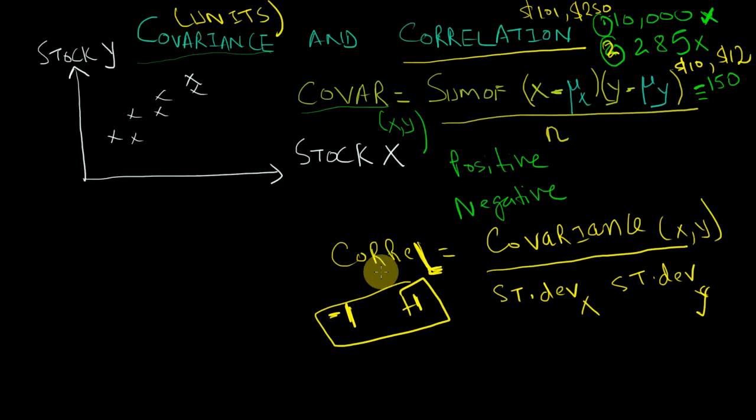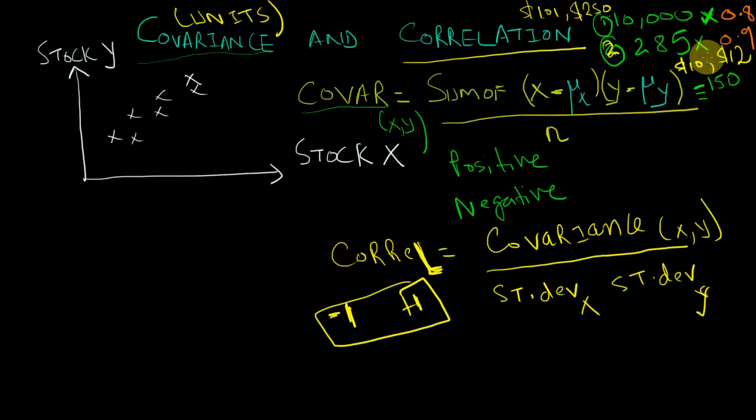So correlation is a stronger parameter to measure the linear relationship than covariance. The simple reason being, it does not depend on units. So for example, in this case, the correlation of one pair could be 0.8, and the correlation between these two variables could be 0.9.